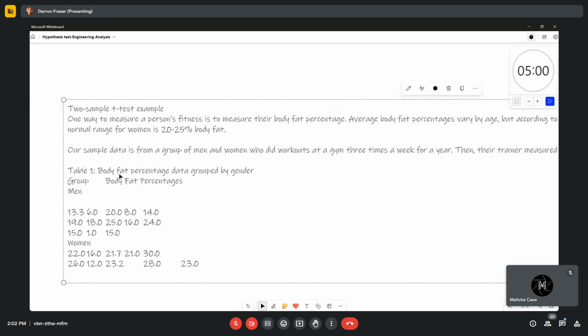Trainers measure the body fat, and the table shows the data. So the men, the data for the body fat is given, and for the ladies, the data for the body fat is given, but it's not so clear because only part of it was cut out. What they said they wanted to find out, I'm going to be changing.